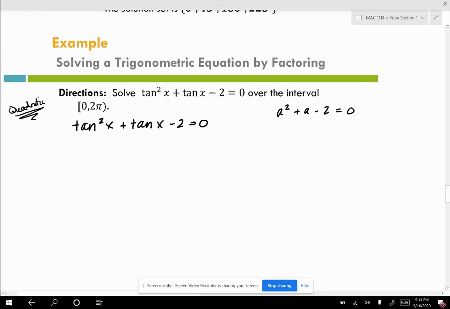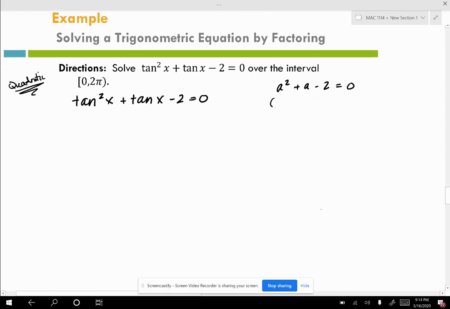I'm going to split it up into two factors. I'm going to put a in front of both of them. And then I'm looking for the factors of 2 that give me 1. So that would be 1 and 2. I need a positive 1, so I'm going to put a positive 2 here and a negative 1. So it's completely factored.